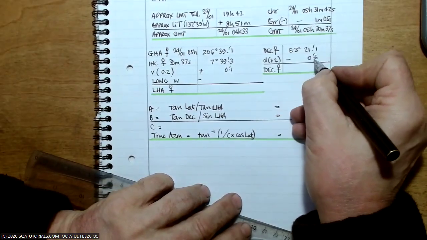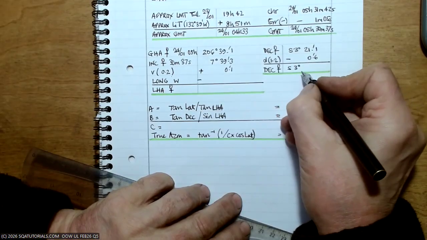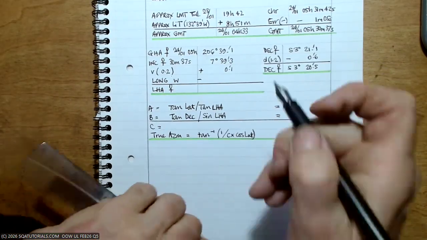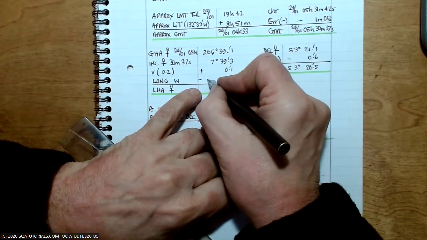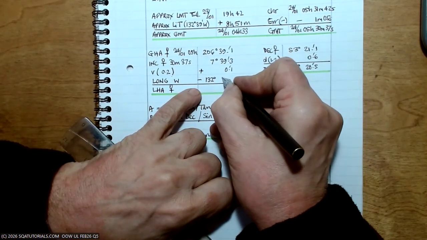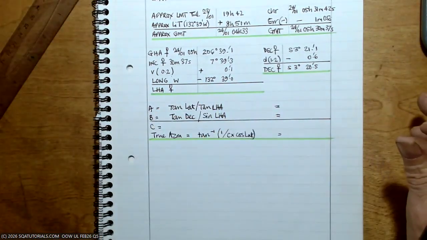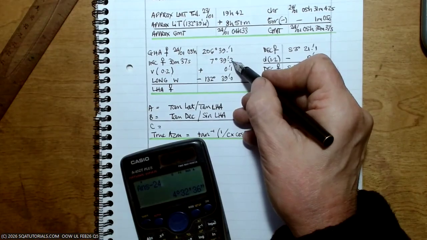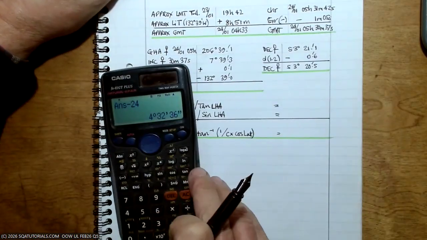So this is going to be minus 0.6. That's going to be south 3 degrees, 20.5 minutes. I have to insert my longitude, 132 degrees 39, which is there. And then I'm going to do the sum. Now, this is such a small value, I'm simply going to add it to here and apply it as one value, just to save time.